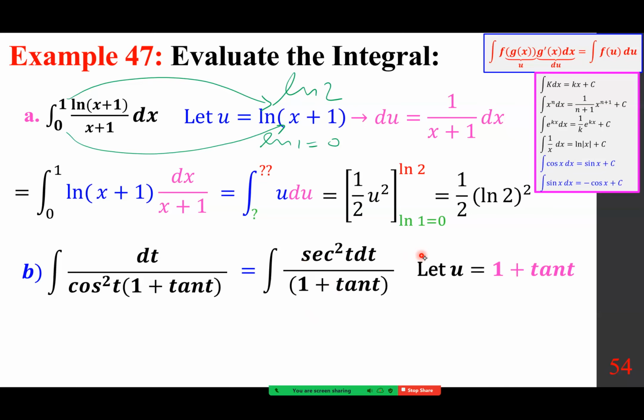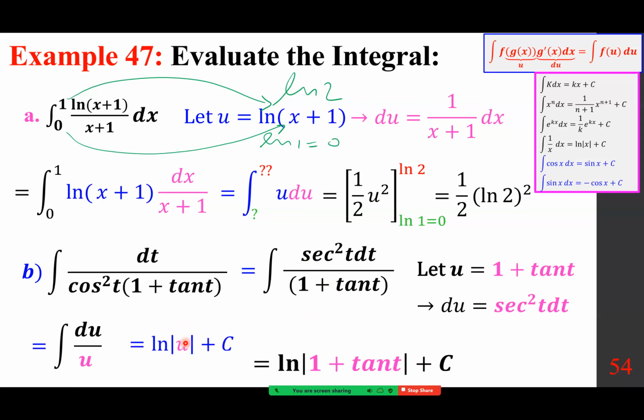Because the derivative of tangent is secant squared. So a simple case of integral of du over u resulting in a natural log, and replacing the u gives us the final answer.